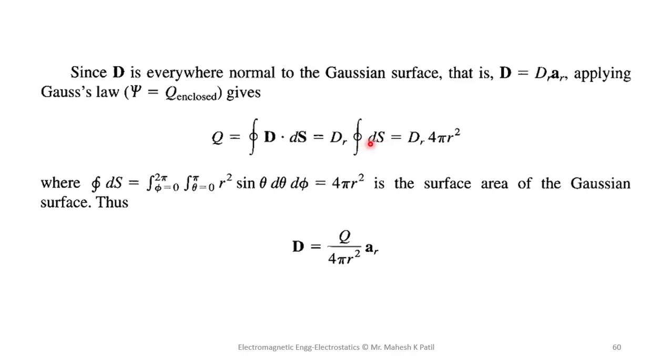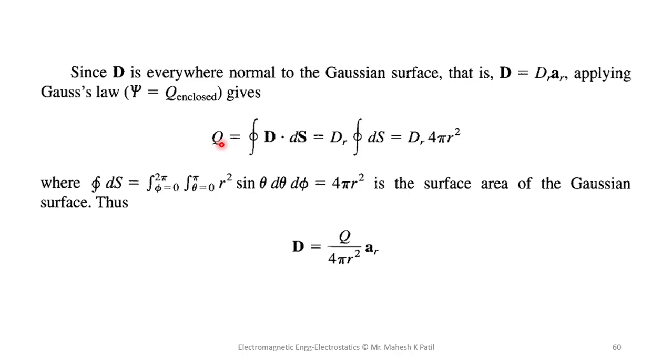Now closed loop integration dS equals 4 pi r square because it is the area of that sphere. If you simplify, it is the double integration of r square sin theta d theta d phi, with theta varying from 0 to pi and phi varying from 0 to 2 pi. If you simplify that, you will get the area as 4 pi r square.